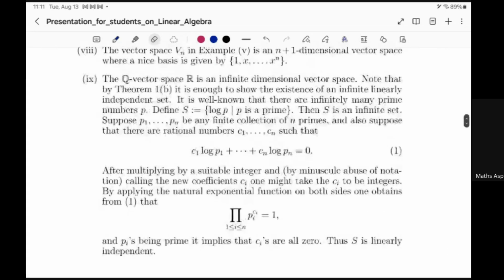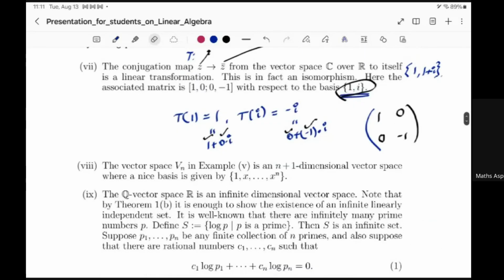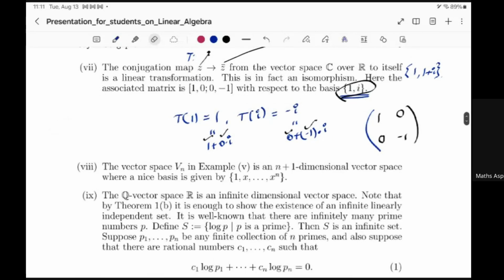Okay. So what you have to do really is basically look at T of 1, and then T of 1 plus I. So T of 1 is 1, and this is going to be that. And then the matrix is easy.